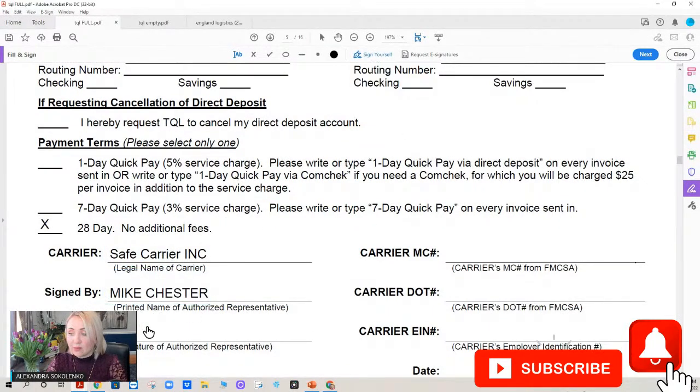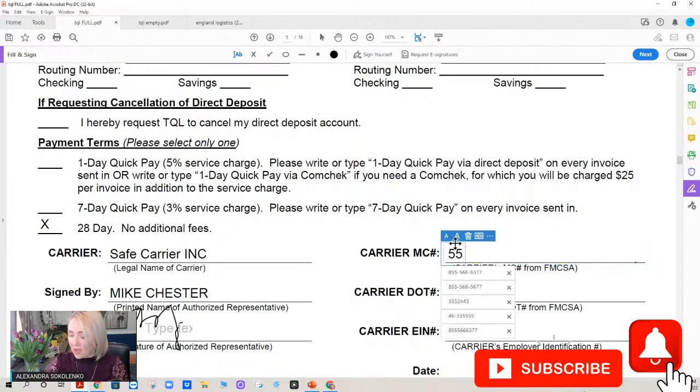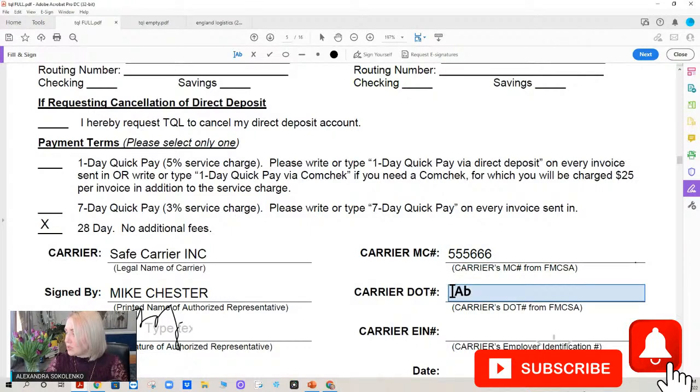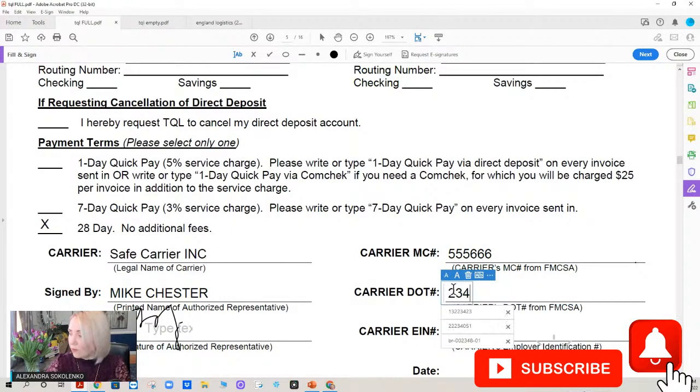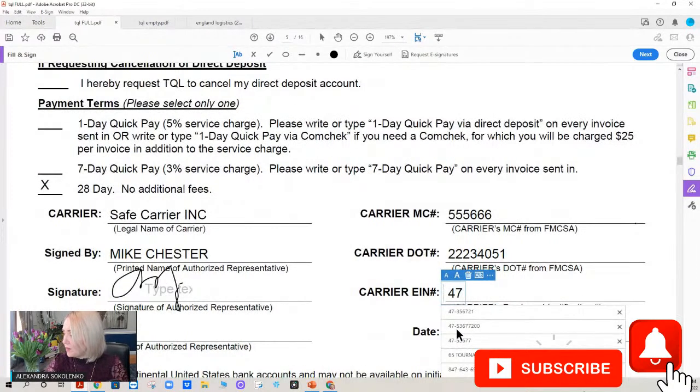On the next page, I'm not going to be repeating this because it's very easy. So 555, what did we put? 666, right? That's his MC. Remember 234, did we put his MC? Okay, let's put that MC for him. And his tax ID 47, what did we put?